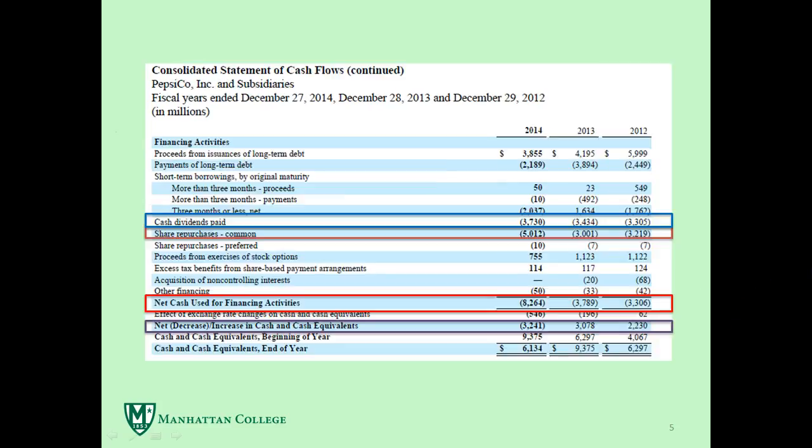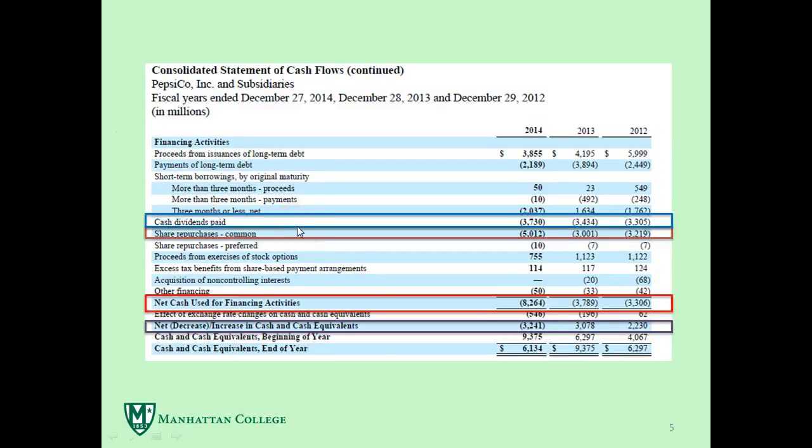Finally, we can look at cash flows from financing activities. It has to do with issuing and repaying long-term debt, the principal portion, and transactions with shareholders, whether paying dividends to shareholders, buying back shares, or issuing new shares.